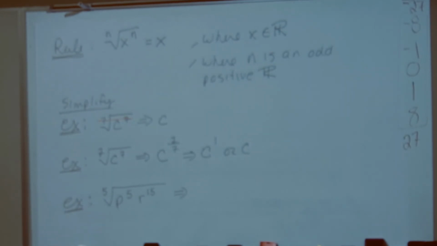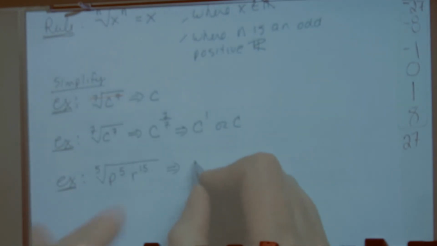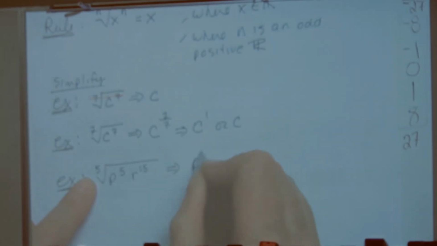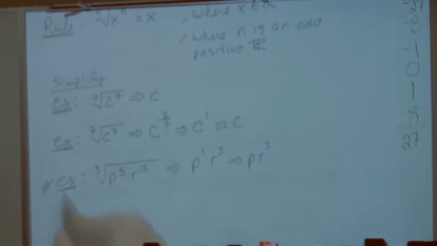Are they all divisible by 5? Absolutely. What is 5 divided by 5? 1. What is 15 divided by 5? 3. So you can write this as p to the 3, or you can just write it as p cubed. So that's just a lovely little what-if scenario.